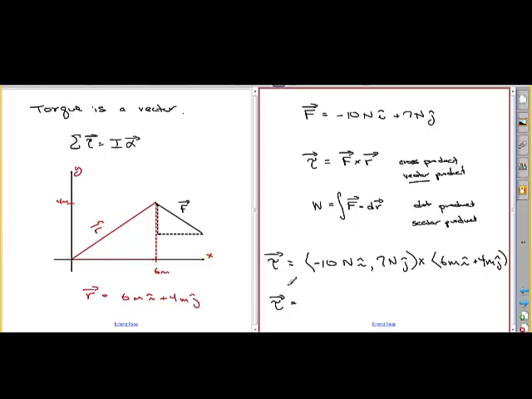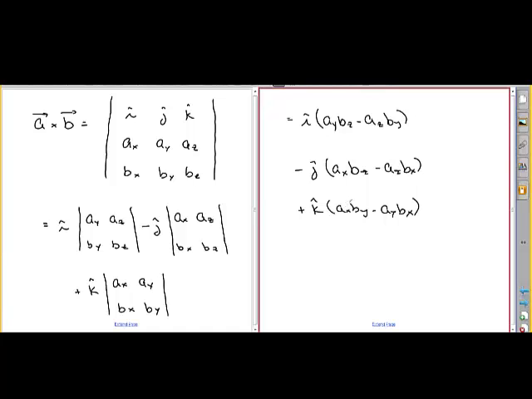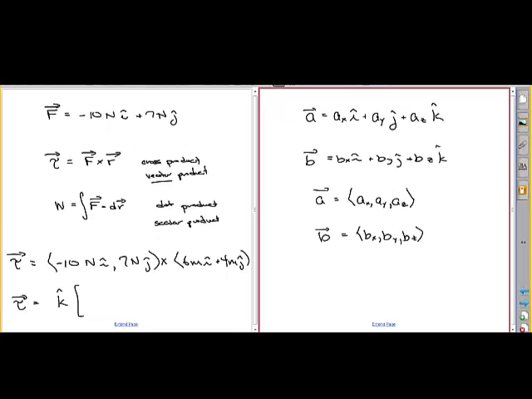So using the result that we got a couple of pages ago, what we'll have is the k vector, which is the result when you cross i and j with each other, you get k. And then this is A sub x. Let's go back and see what we did. So you had A sub x, B sub y.